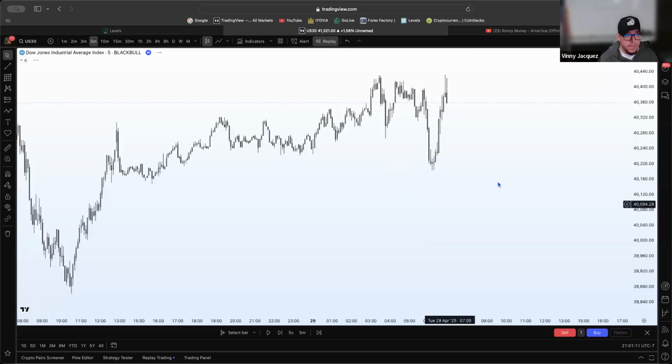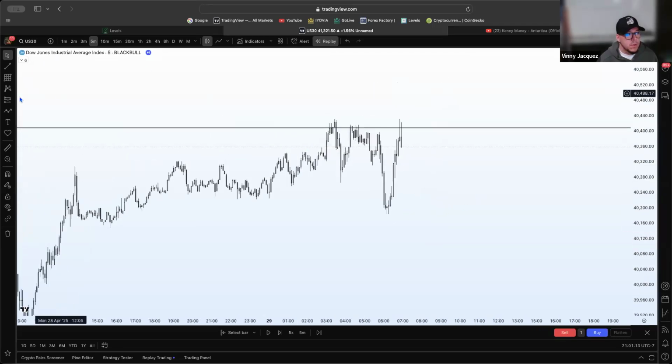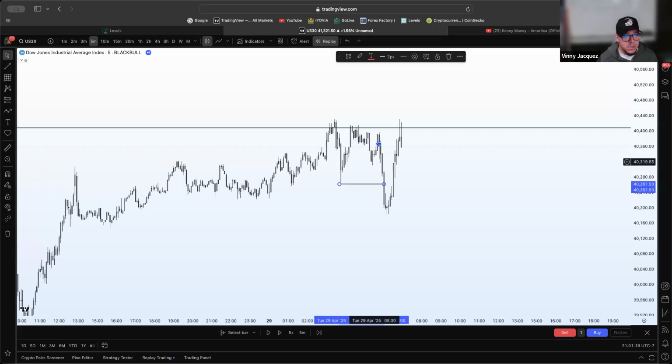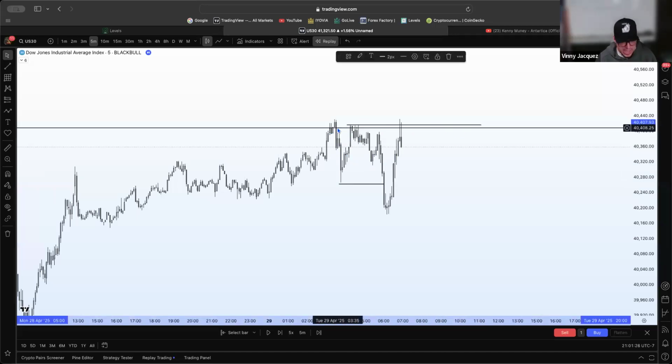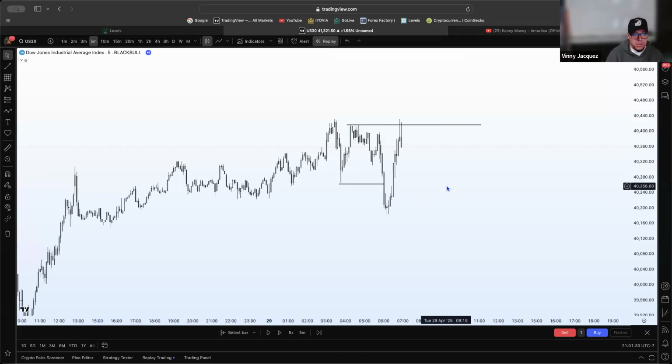US30. We already know US30 has the most room to go. Notice consolidation, massive drop. We just swept liquidity. Now we're waiting for this change of direction. Give me an 8 if you guys see what I'm seeing right now.